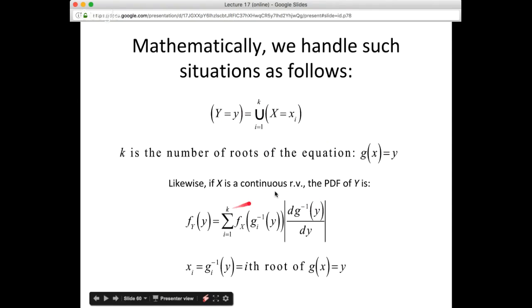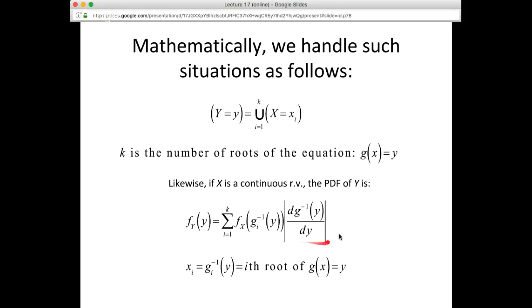Likewise, if x is a continuous random variable, so this would be like the PDF version of the result we just described. So the PDF of y is going to be our same formula that we had before. The PDF for the random variable y equal to some little y looks very similar. We've got the PDF for the random variable x evaluated at g inverse of y, times the derivative of that g inverse of y with respect to y.